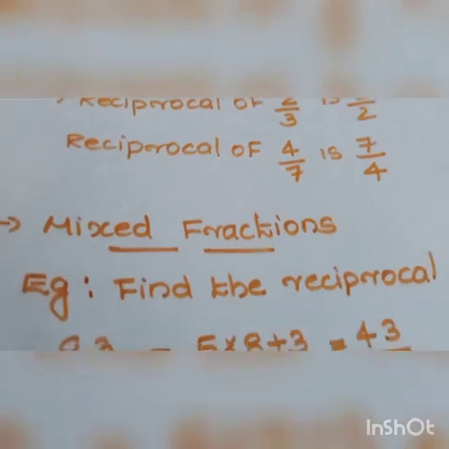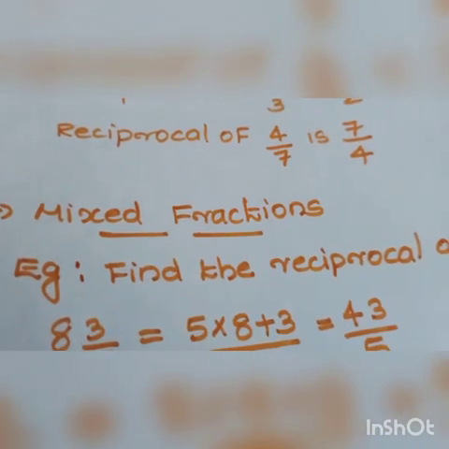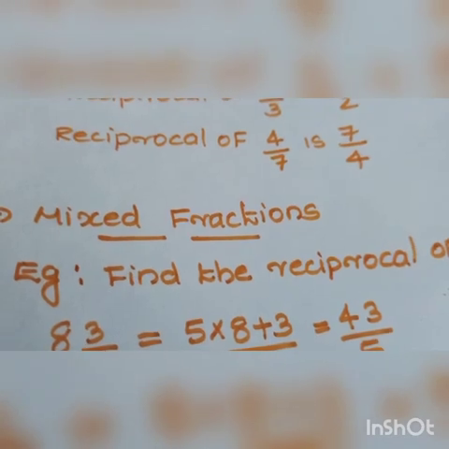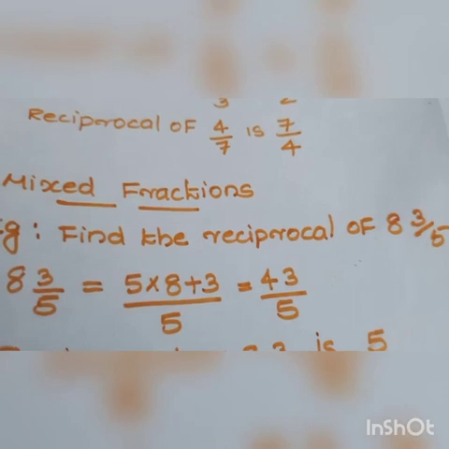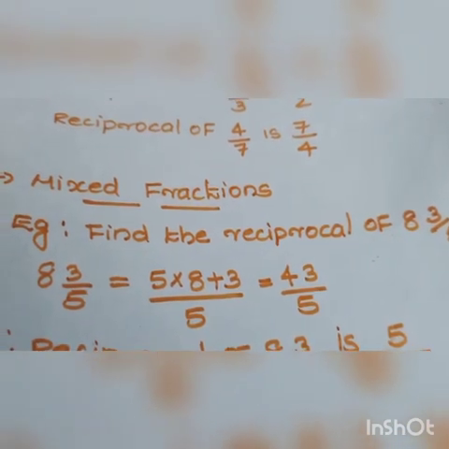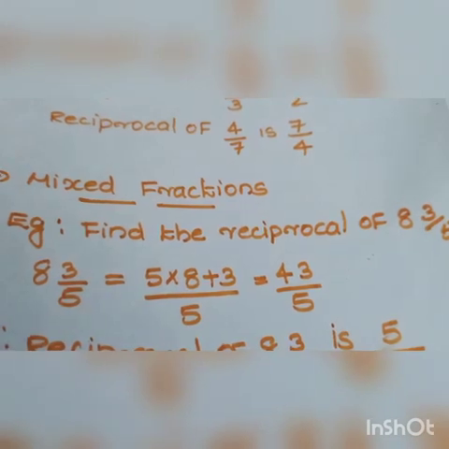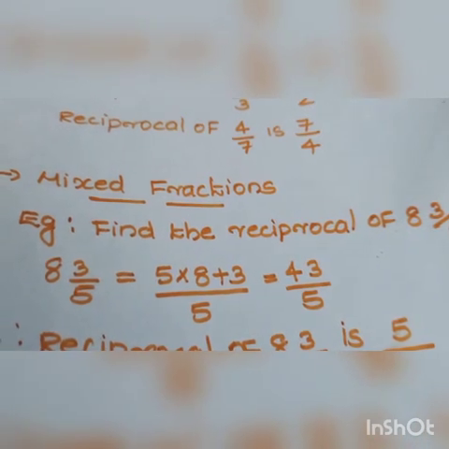Next, discussing mixed fractions. For example, find the reciprocal of 8 3/5. To find the reciprocal of a mixed fraction, first convert it into an improper fraction and then find its reciprocal.